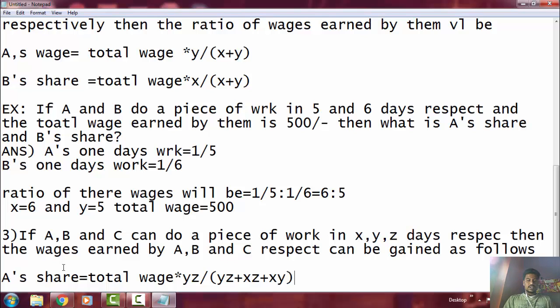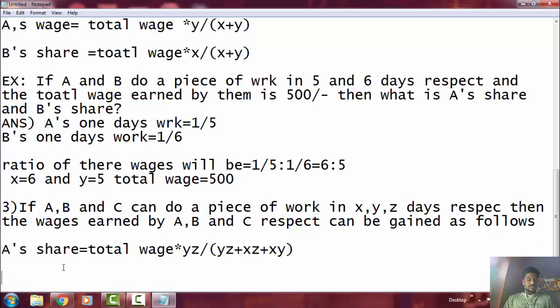Okay, this is the case. Now B's share is equal to total wage into XZ divided by the same YZ plus XZ plus XY.